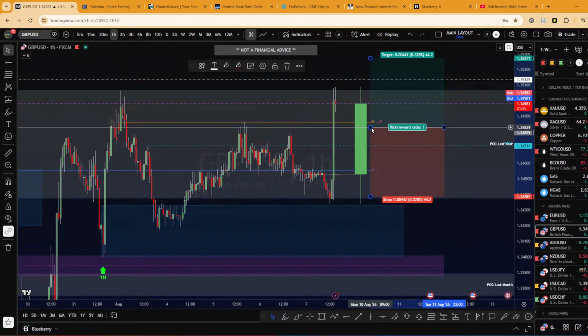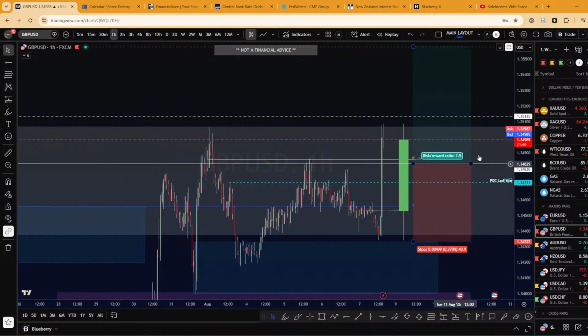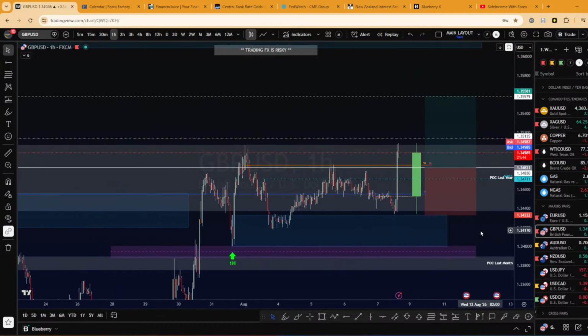A retest around this support, stop just below, targeting this high. Interesting on pound.